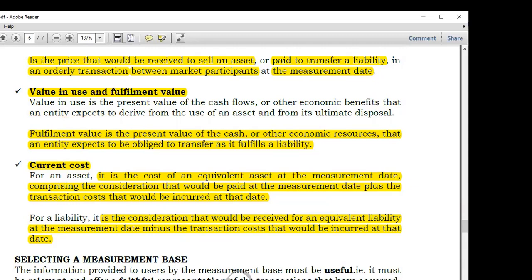Fulfillment value is just like value in use, but it's just for defining a liability. Because if you define a liability, you do not derive a value. So it's a value that you have to fulfill so as not to be liable for the debt.